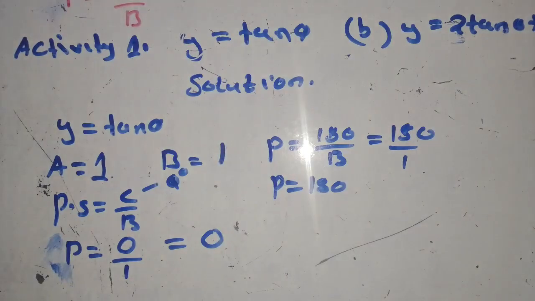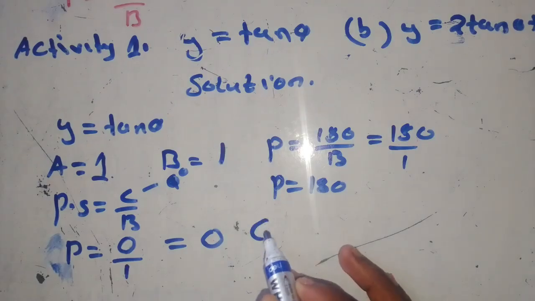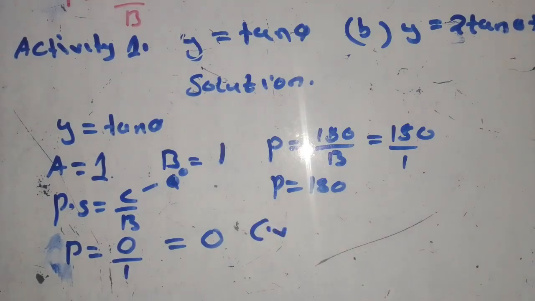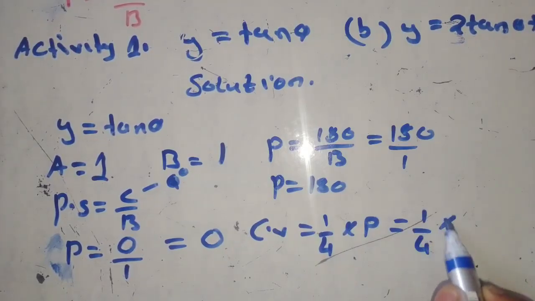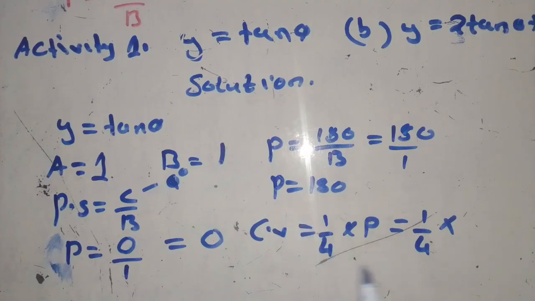So the last thing that you need to find is what we call the counter value. The counter value is just the difference between the second point and the first point, or the third point and the fourth point. It's given by the formula 1 over 4 of the period, a quarter of the period. So this will be 1 over 4 multiplied by our period, which we found to be 180.